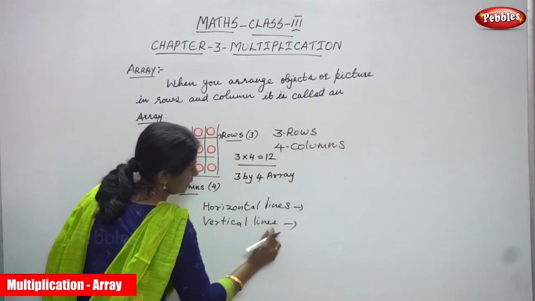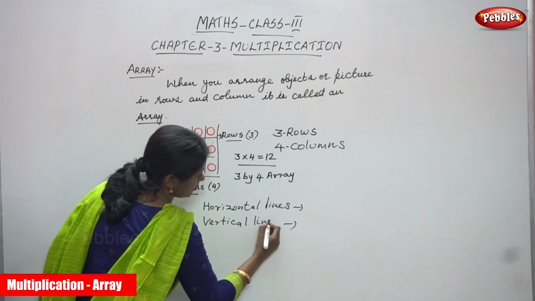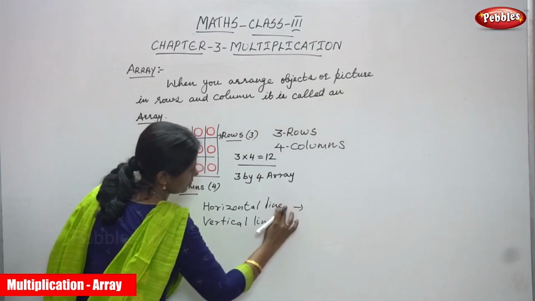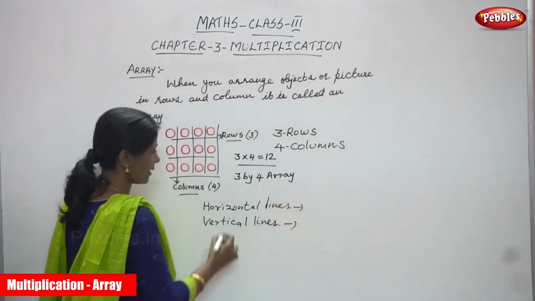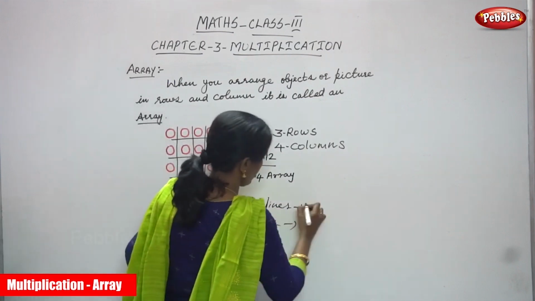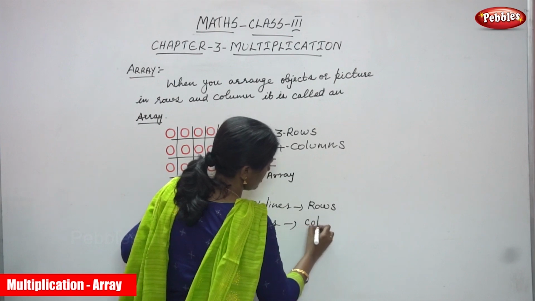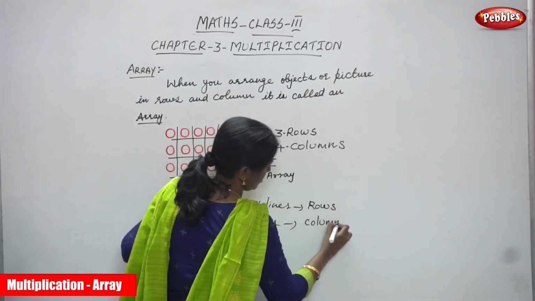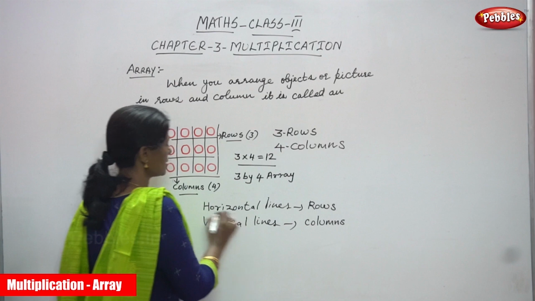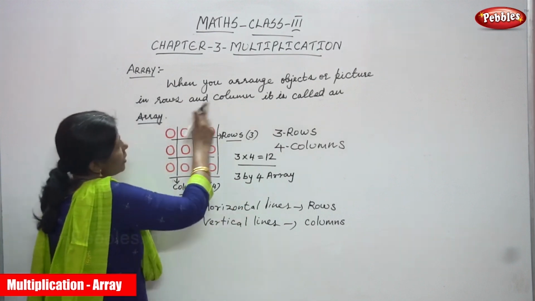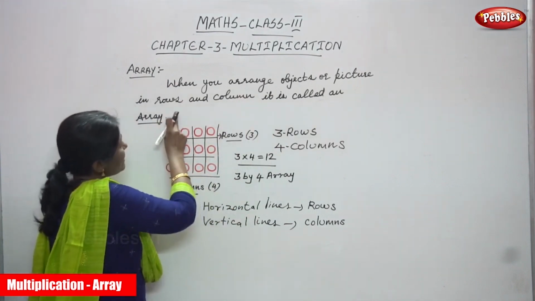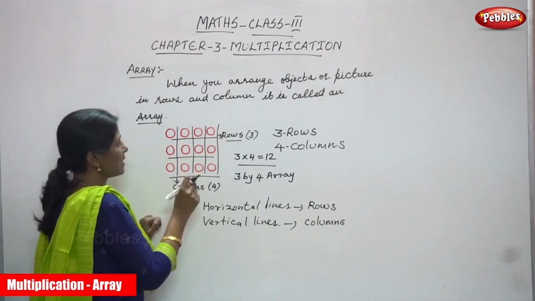Horizontal lines are called rows, and vertical lines are called columns. So this is the basic thing. So when you arrange objects or pictures in rows and columns, it is called an array.